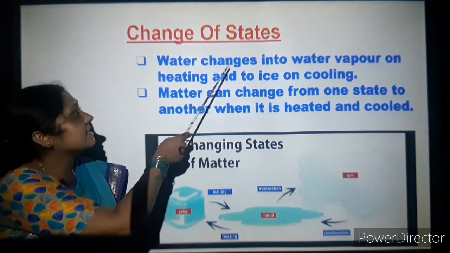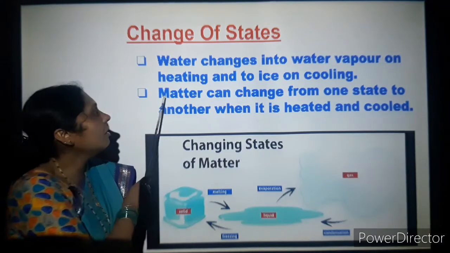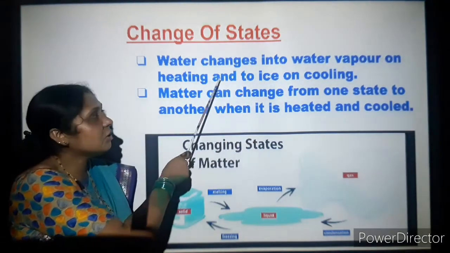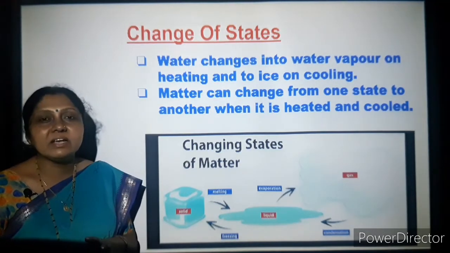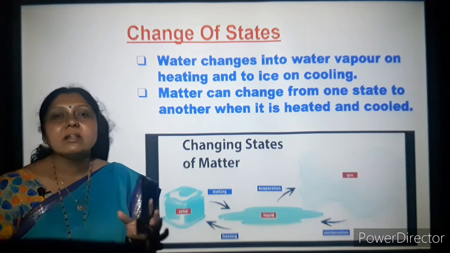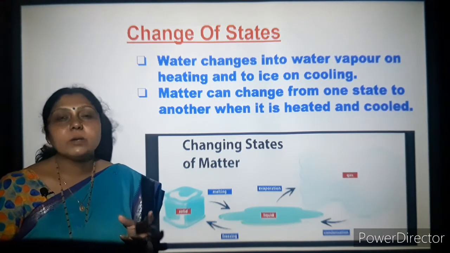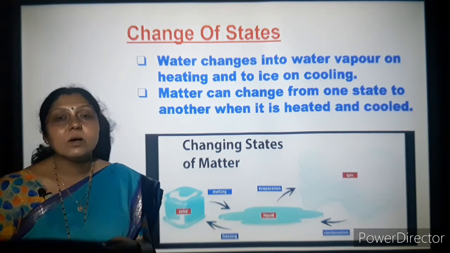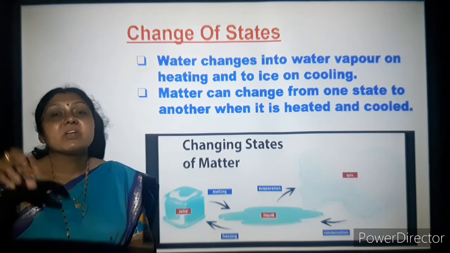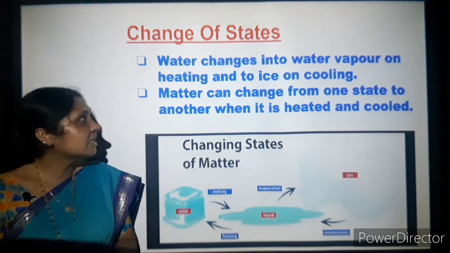Change of states. Water changes into water vapor on heating and to ice on cooling. I had shown you the activity where there was water in a cup, that is, a liquid form. When that water is frozen, you get the ice cube, and during the boiling of water, you get to see the vapors moving out, that is the steam, the gaseous form.